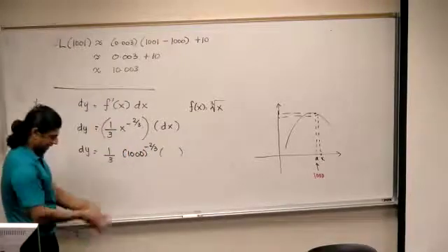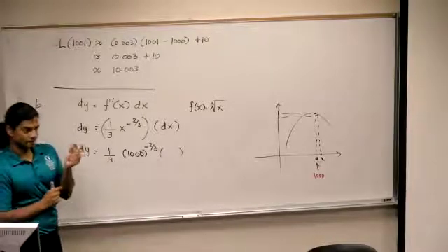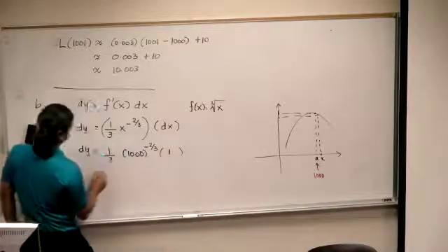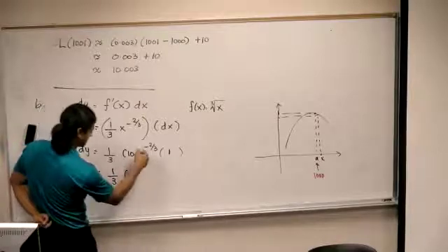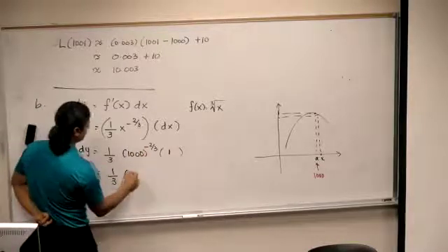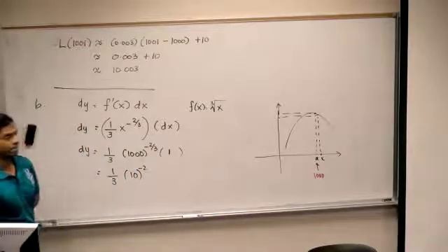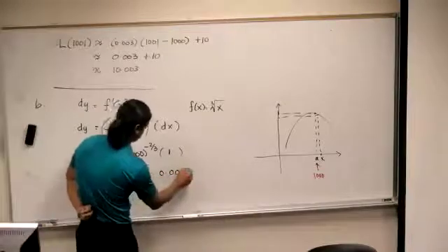And what is that tiny amount that you move on the x-axis? That dx is 1. So 1/3 raised, same argument like the previous one, to the -2, which would give me 0.0033.